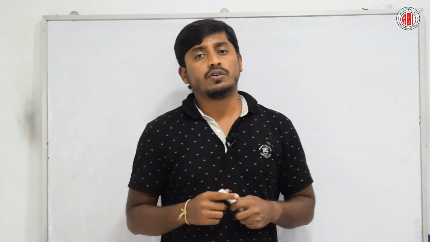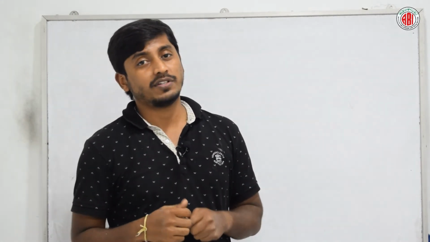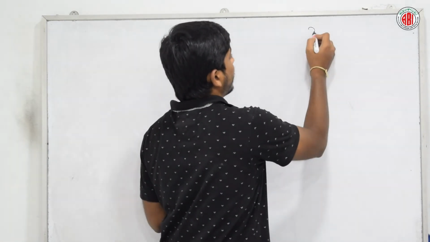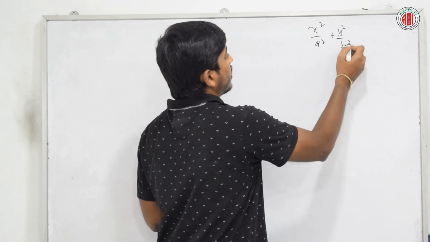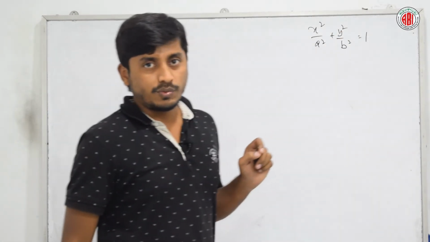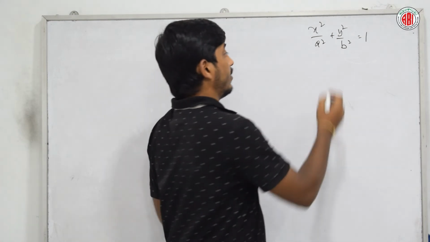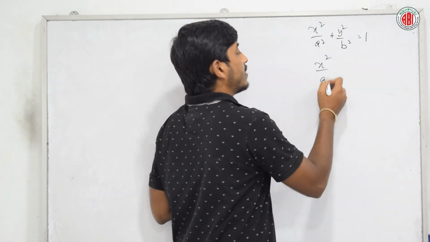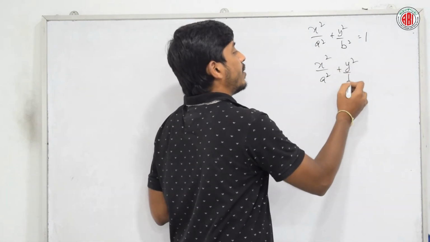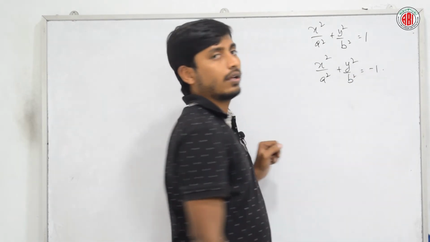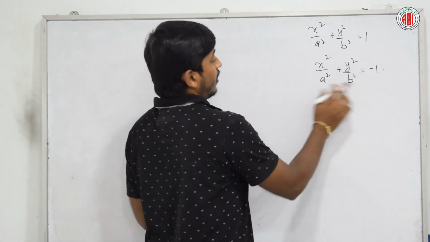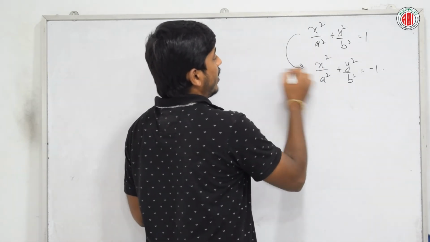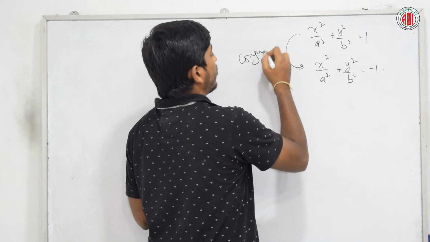Let's do. So what is the type of equation we solved till now? The first one was x square by a square minus y square by b square is equal to 1. This is one type of hyperbola. What was the other? x square by a square minus y square by b square is equal to minus 1. This type of hyperbola is called the conjugate hyperbola.